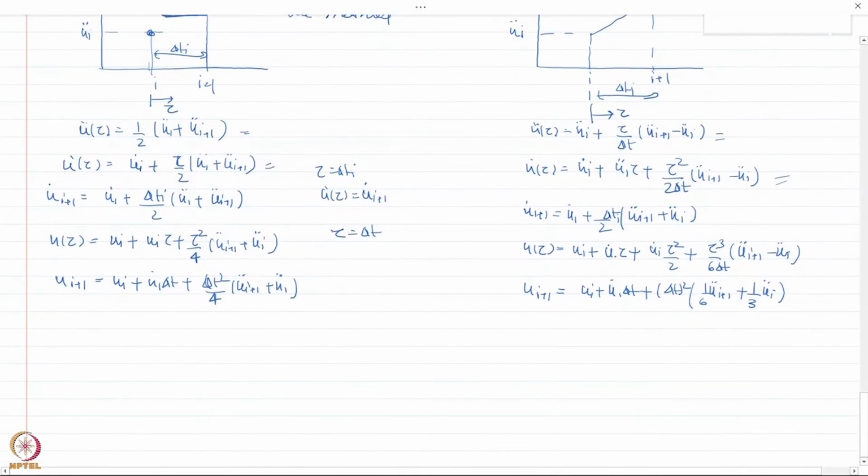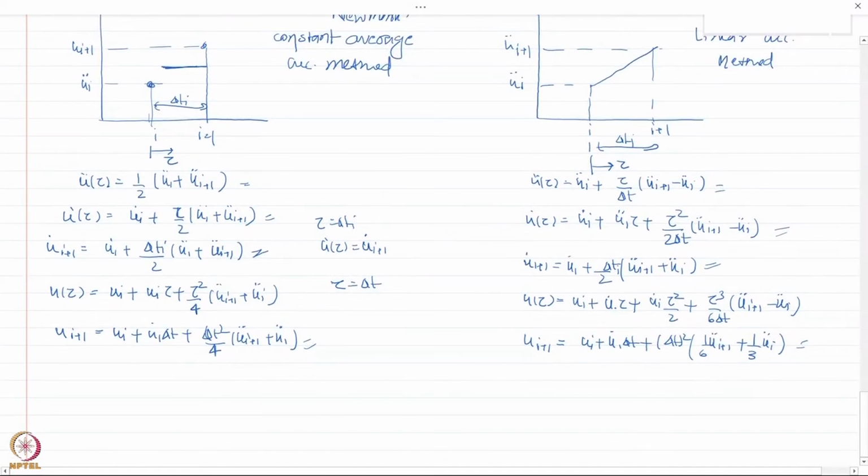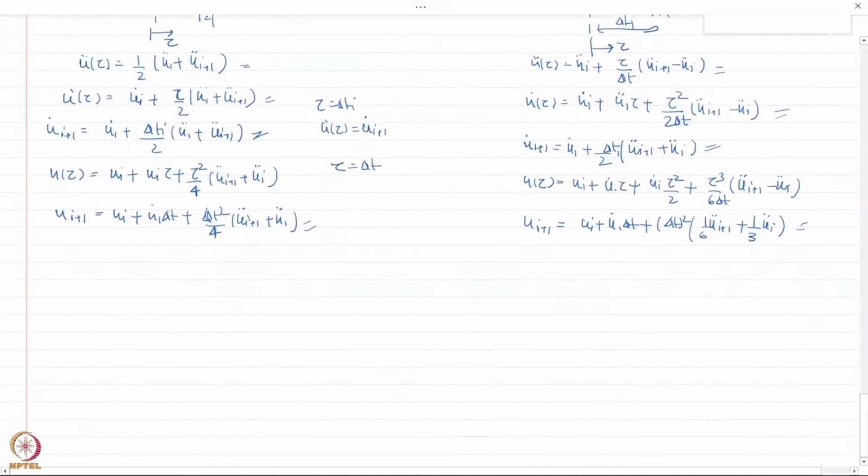Now, the expressions that we have obtained for velocities and displacements can be written as a combined expression in terms of some constants, and depending upon the values of those constants, I can get either the constant average acceleration method or the linear acceleration method.